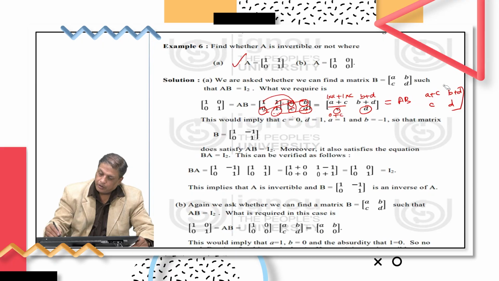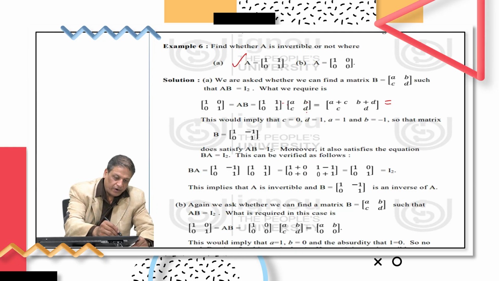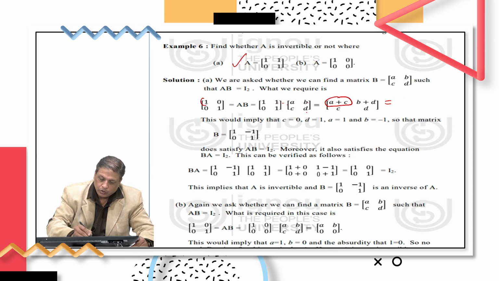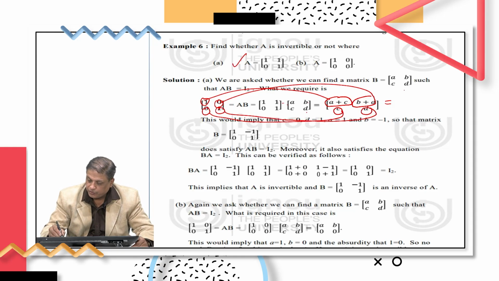Now we equate the values one by one, and we will find that a plus c is equal to 1, b plus d is equal to 0, c is equal to 0, and d is equal to 1.